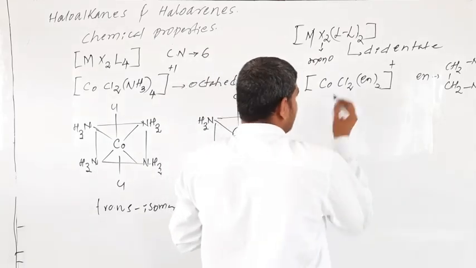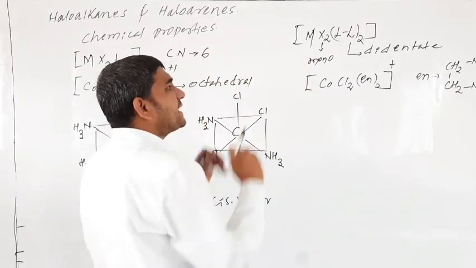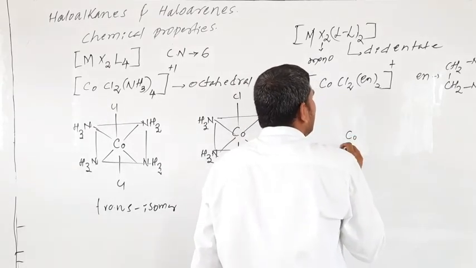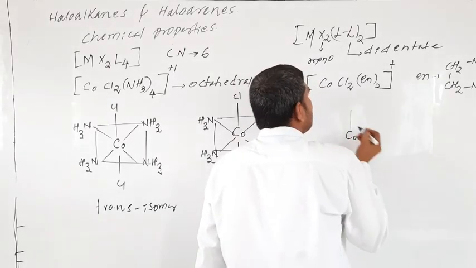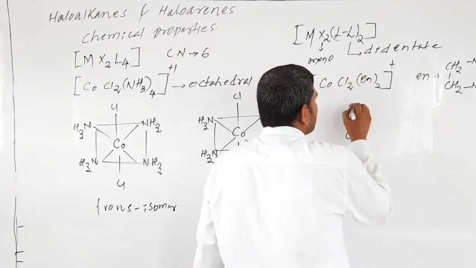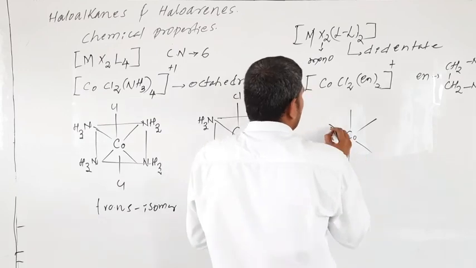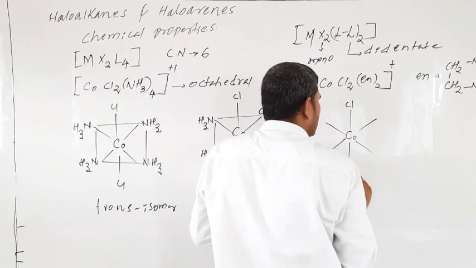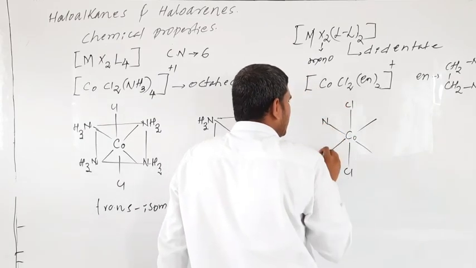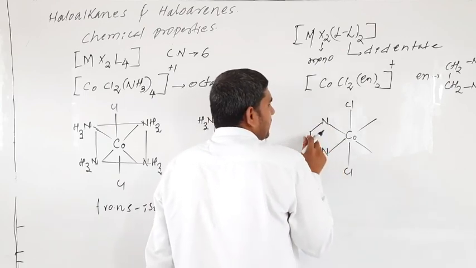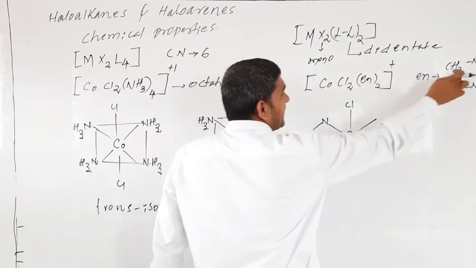Even in this compound I can write cis and trans. How to write cis and trans over here? It's very simple. If you write Cl opposite, Cl opposite, it becomes N, a didentate.